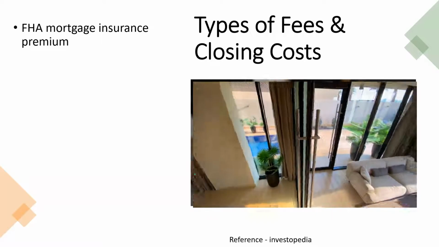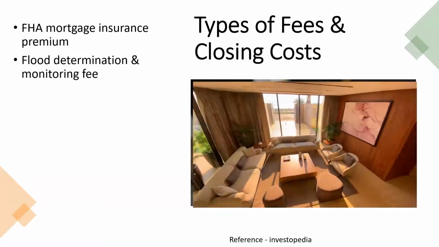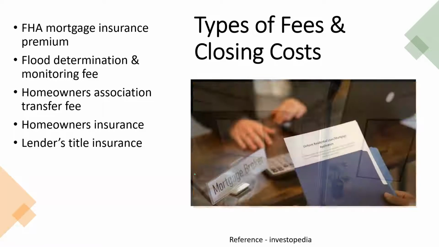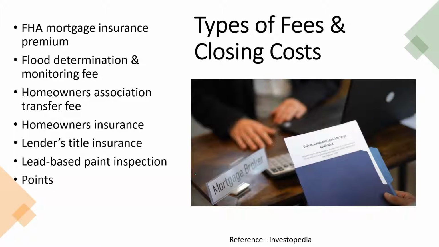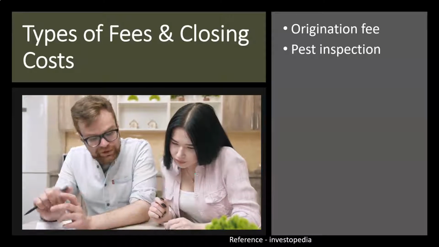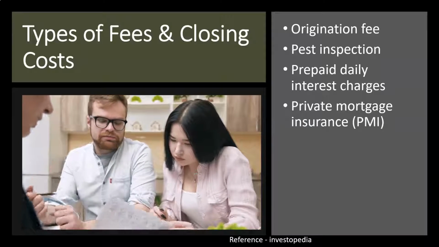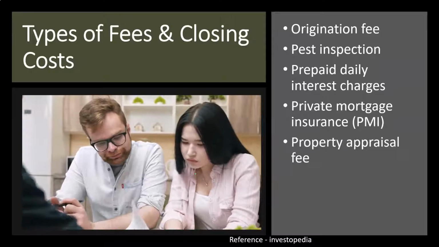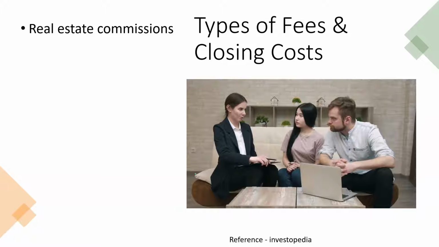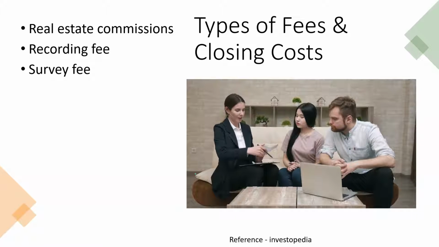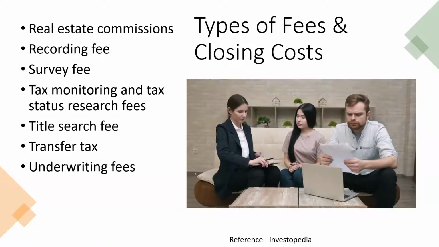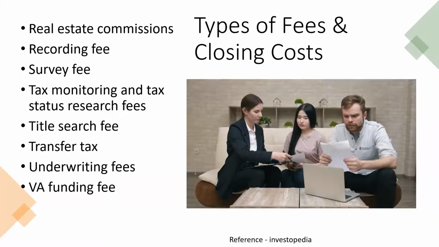Then we have the FHA mortgage insurance premiums, flood determination and monitoring fee, homeowners association transfer fee, homeowners insurance, lender's title insurance, lead-based paint inspection, points, owner's title insurance, followed by the origination fee, pest inspection, prepaid daily interest charges, private mortgage insurance or PMI, property appraisal fee, property taxes, rate lock fee, followed by real estate commissions, recording fee, survey fee, tax monitoring, tax status research fee, title search fee, transfer tax, underwriting fees, VA funding fee.